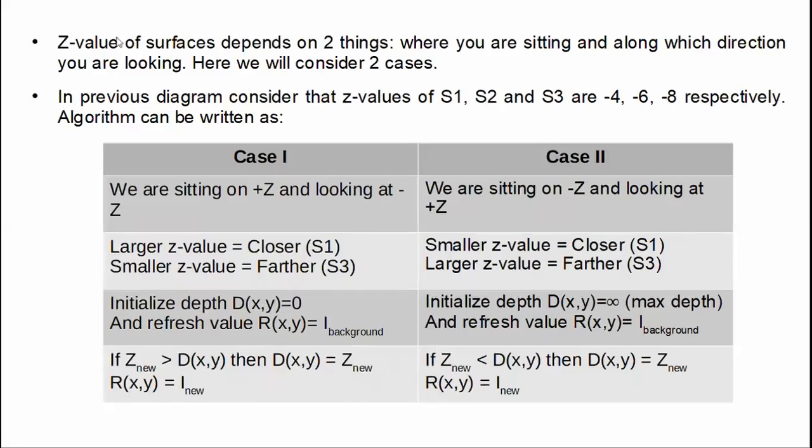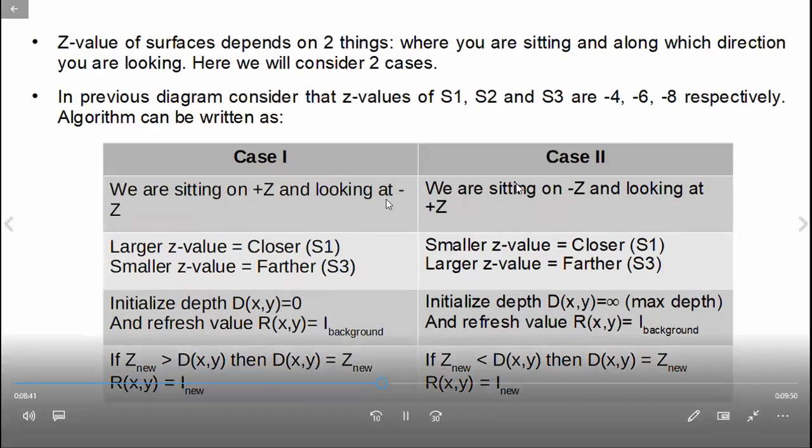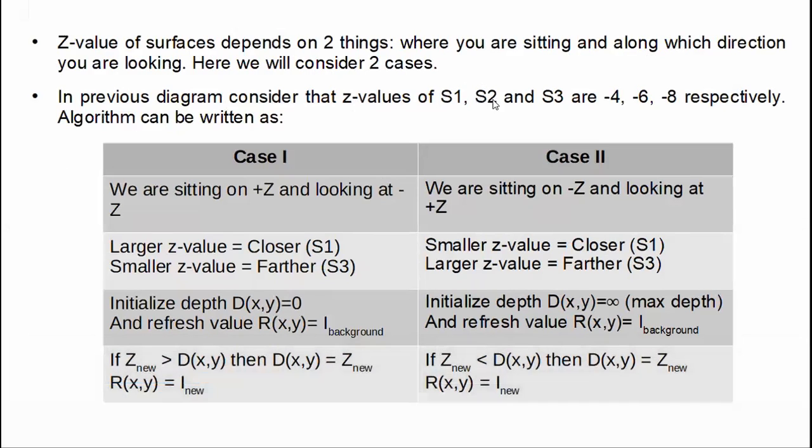Now, the Z value of surfaces depends on two things. Okay, how we are going to consider the Z values? So it is important where you are sitting and along which direction you are looking. Now here we will consider two cases. So in the previous diagram, consider the Z values of S1, S2, S3 as say -4, -6, -8 respectively.